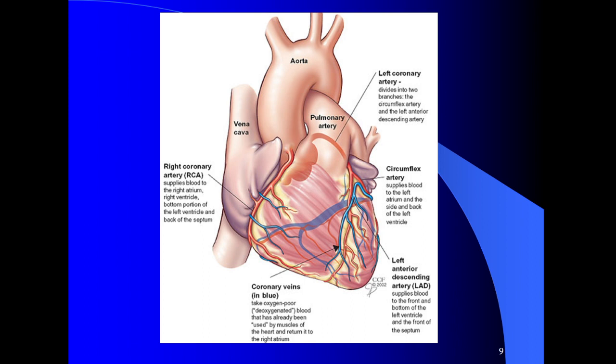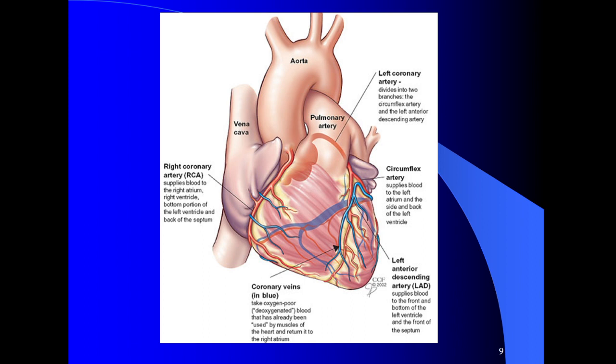The right coronary artery supplies blood to the right atrium, right ventricle, bottom portion of the left ventricle, and back of the septum. The left coronary artery is divided into 2 branches, the circumflex artery and the left anterior descending artery. The circumflex artery supplies blood to the left atrium and the side and back of the left ventricle.